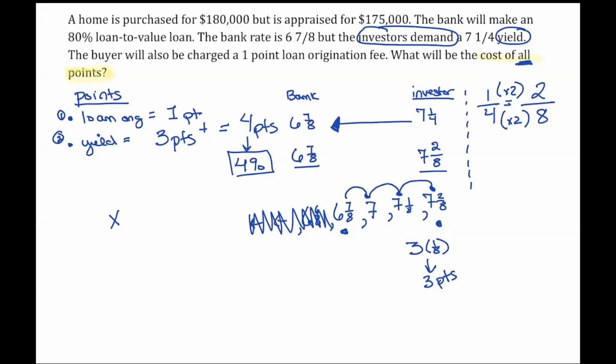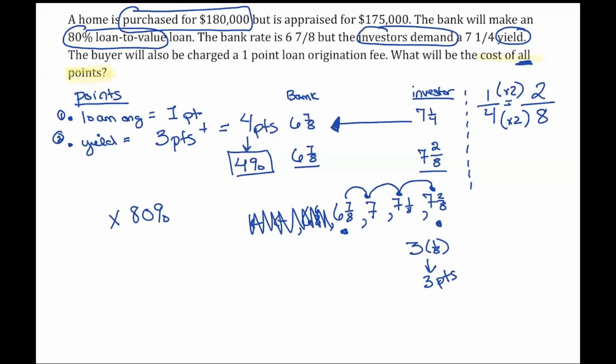Well, we're not going to do that, for a couple reasons. One is because the purchase price is $180,000, but they're not actually borrowing $180,000. They're borrowing 80% of the value. Now, normally I would say multiply that by 180.